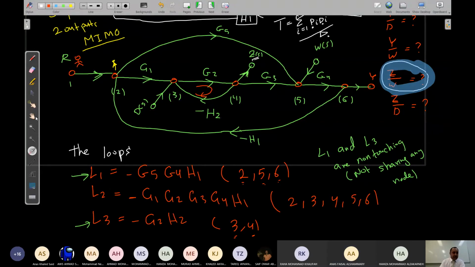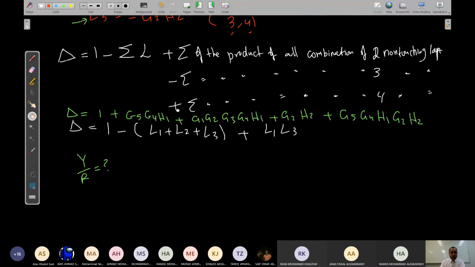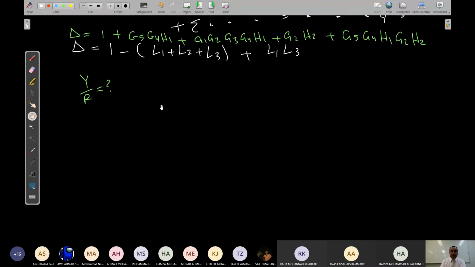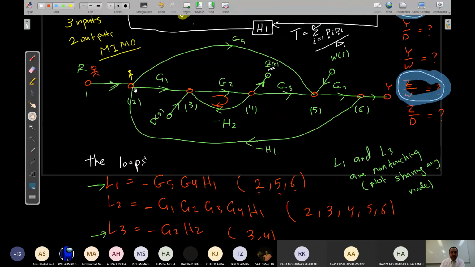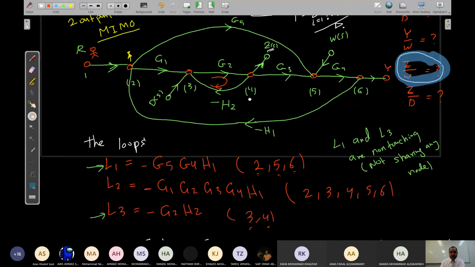Yeah, it's easy, it's a piece of cake actually. So I don't know why you say that the quiz was difficult. So here I'm having 2 paths. The first one P1, G1, G2, G5, G4, and this will link nodes 1, 2, 5, and 6.